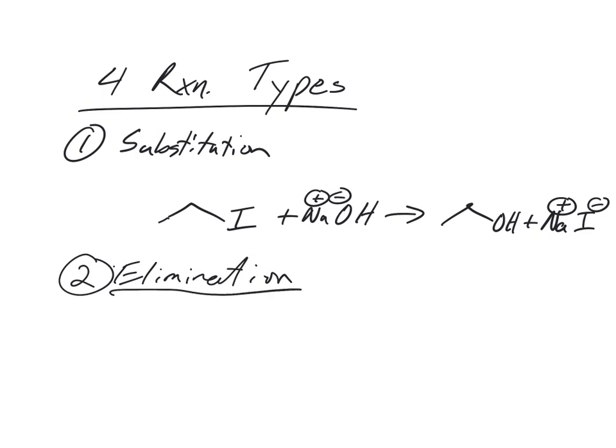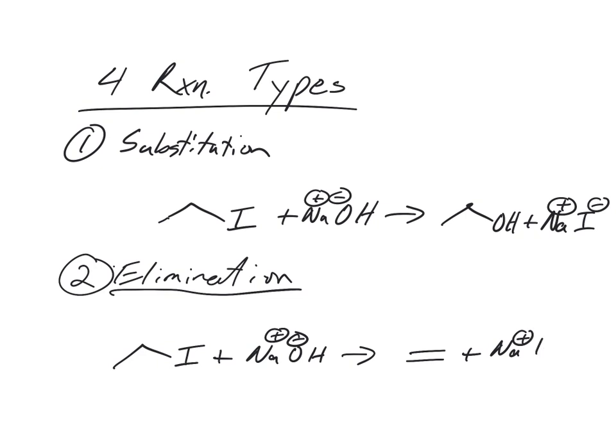I could take the same exact starting materials, and the only difference will be here, instead of doing a substitution, I'm doing an elimination. So that means I will form a pi bond. All right.